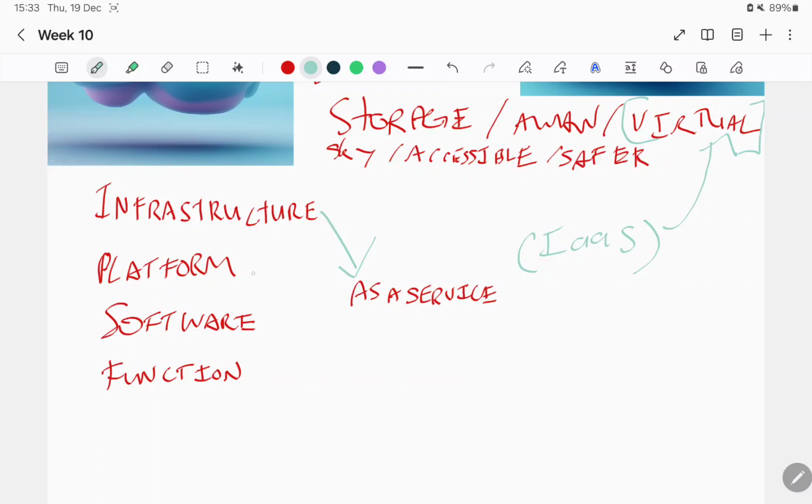Okay, then we have this platform as services. We learn that now everything is done in the cloud, right? Platform as services is where the developer can use this platform to do coding, all right, and to develop systems in the cloud.